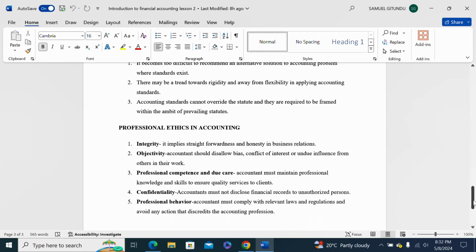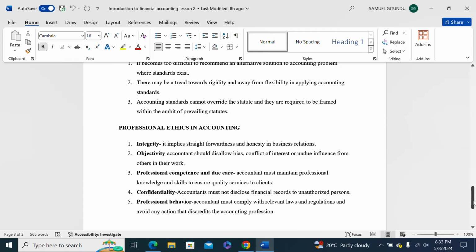You must not disclose financial records to other people you are not authorized to disclose them to. You must be able to maintain secrets as an accountant.